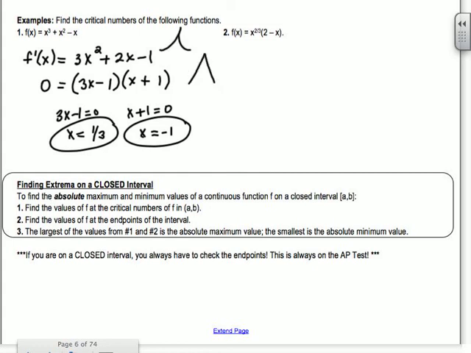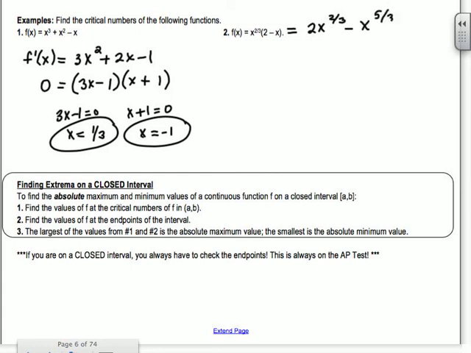Okay, so f of x equals x to the 2/3 times 2 minus x. I'm going to multiply it out first, so I'm going to have 2x to the 2/3 minus x to the what power? 5/3, right?